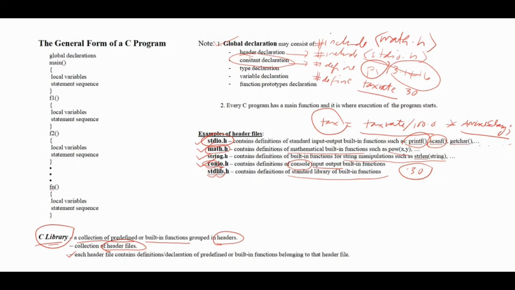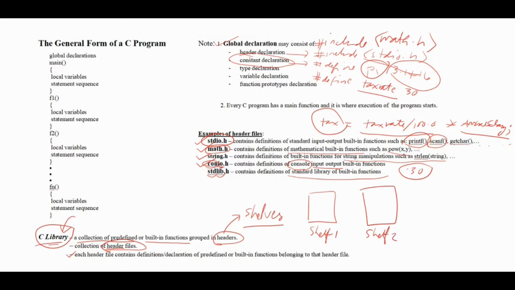Now, you can think of header files as shelves. Okay, header files or headers are like shelves in a library. When you get inside a library room, you would have there shelves, and each shelf, okay, so this is shelf number 1, and then another shelf number 2.